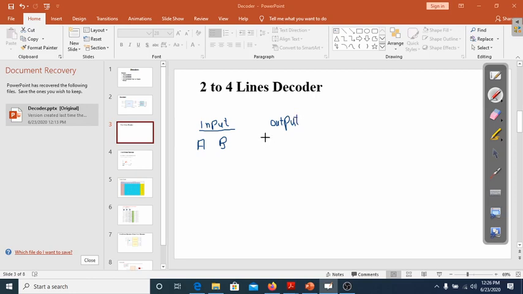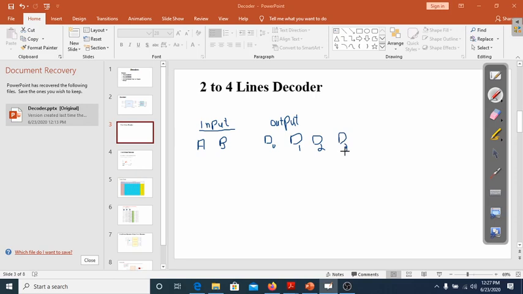I can write the outputs as D0, D1, D2 and D3.